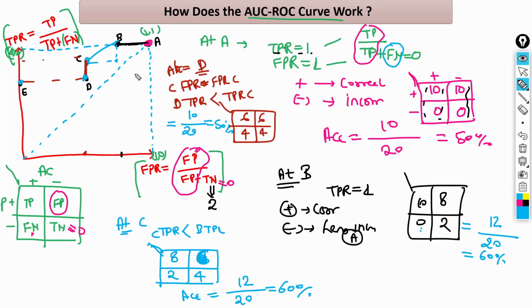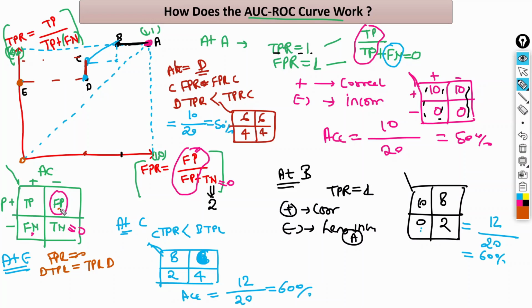Now at point E, FPR will be 0 at this point, and TPR will be equal to TPR at D, because the distance is the same. If FPR is 0, in that case false positive will be 0.